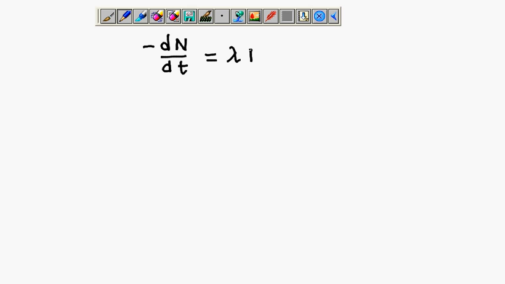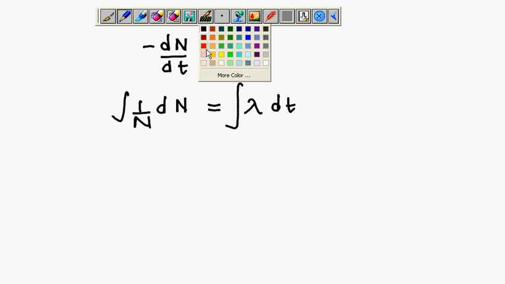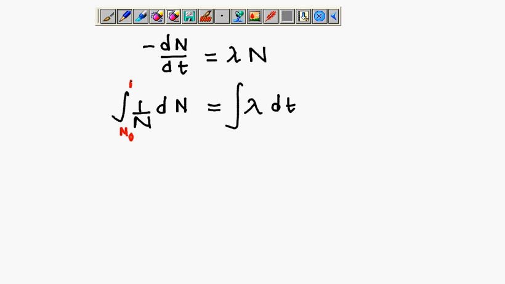If you do a differential equation, we rearrange all the N to the left hand side, and then we set some boundary. Let's say the boundary is from N naught to N, meaning from the original amount to the remaining amount, from time 0 to time t, any time later.